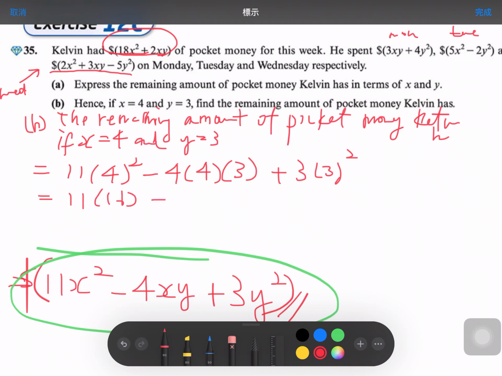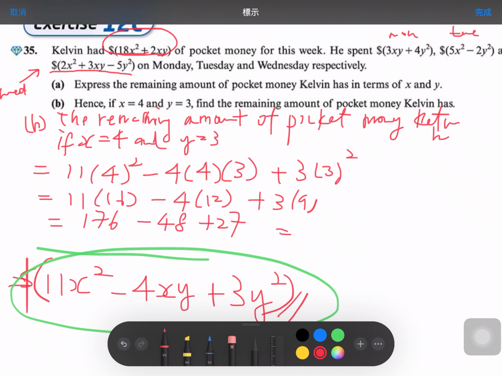It becomes 16, and then 12, 3 squared becomes 9, and then once again do the calculation, it becomes 176 minus 48 plus 27.